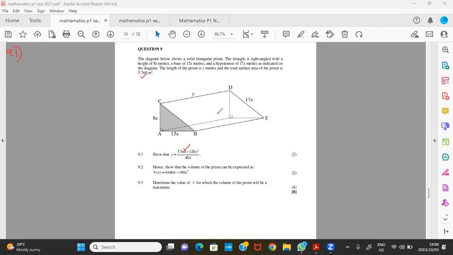Total surface area is when we take the area of each shape in our diagram and add them, because this prism is made up of two right angle triangles as well as three rectangles.